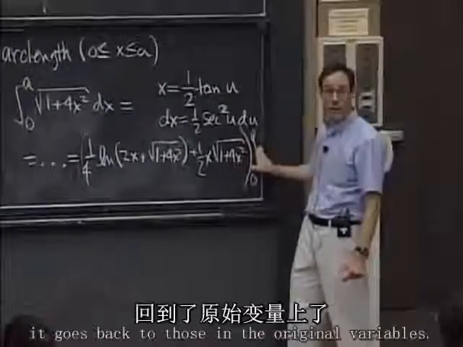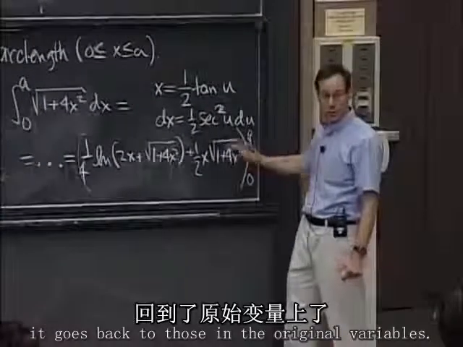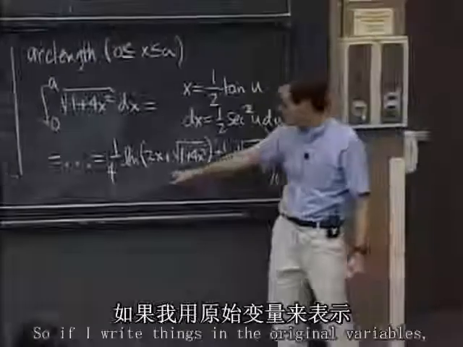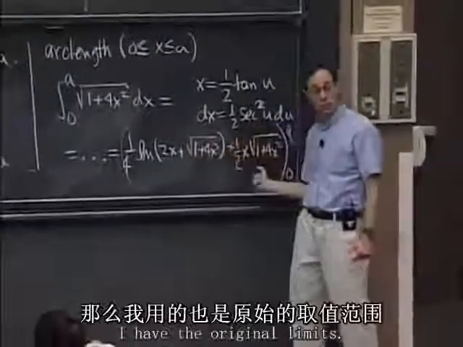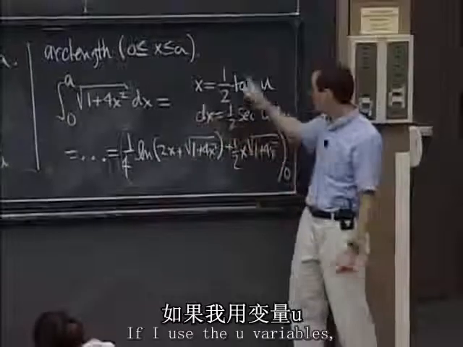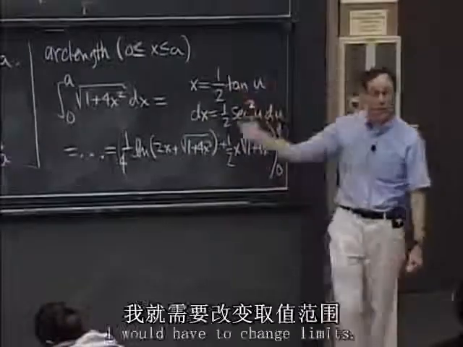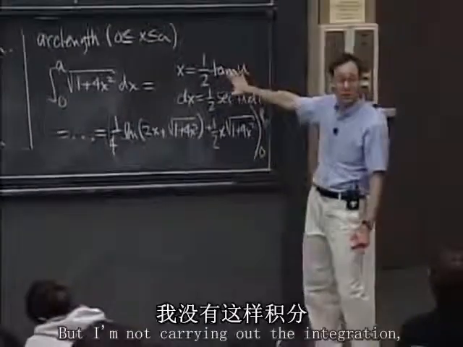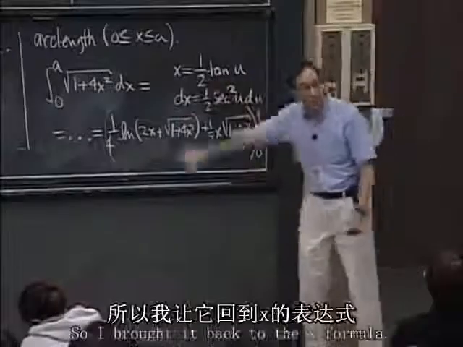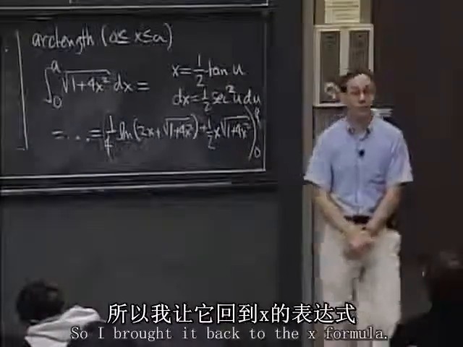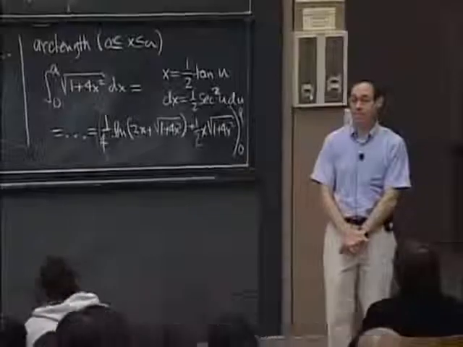It goes back to those in the original variables. So if I write things in the original variables, I have the original limits. If I use the u variables, I would have to change limits. But I'm not carrying out the integration because I don't want to. So I brought it back to the x formula. Other questions?